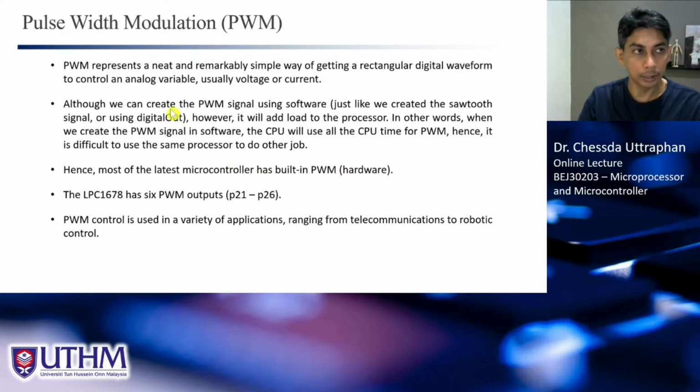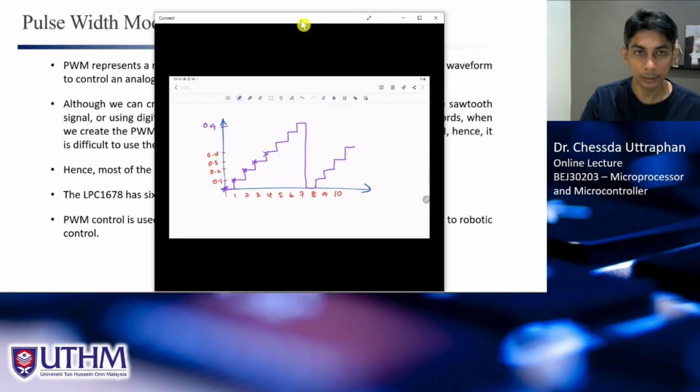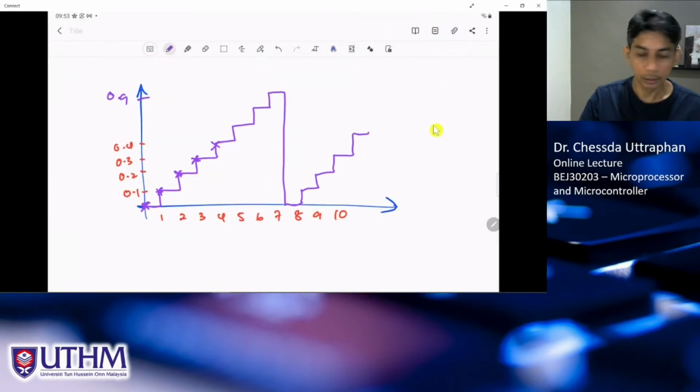The next one is pulse width modulation. This is another very important feature in a microcontroller, where we use the pulse. A pulse is a very simple signal in electronic, right?